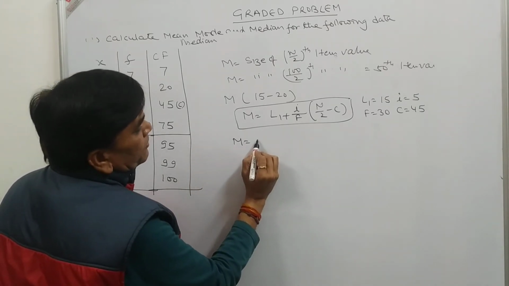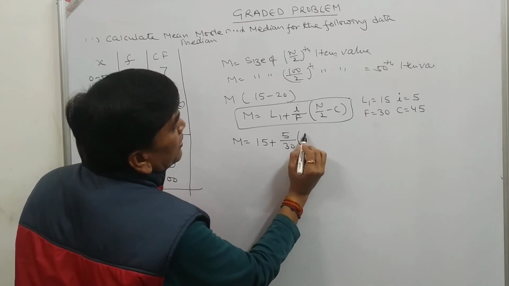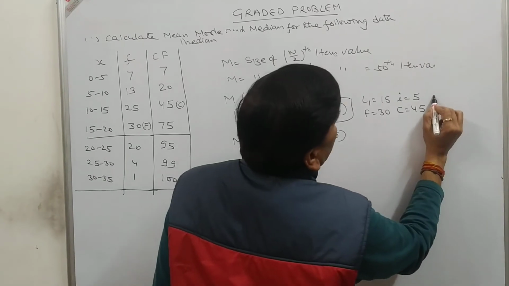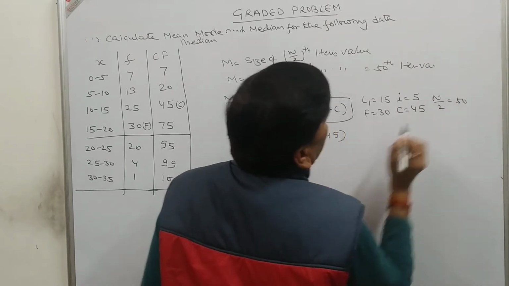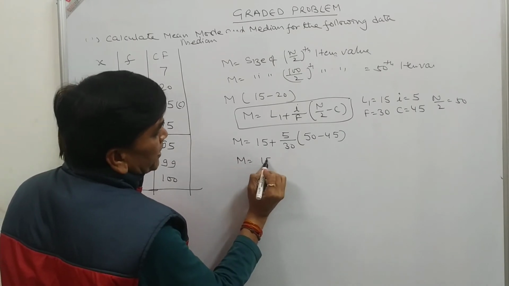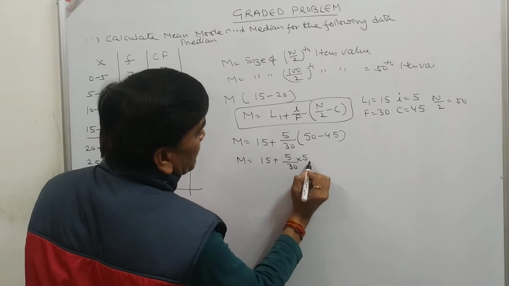M is equal to 15 plus 5 upon 30 multiplied by (50 minus 45), because n by 2 is equal to 50. So the value of M is equal to 15 plus 5 upon 30 multiplied by 5.